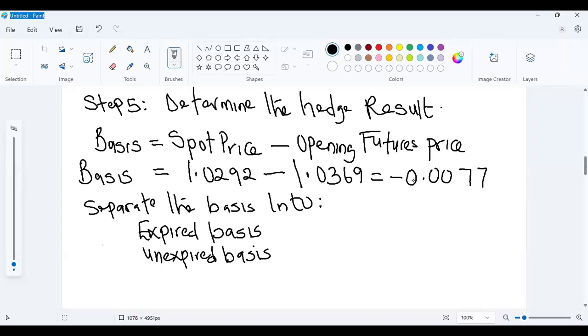But our transaction will happen in 6 months. We are going to receive the net receipts in 6 months, but we have selected a 7 months contract. Now, the first 6 months, from month 1 to month 6, is known as the expired basis.